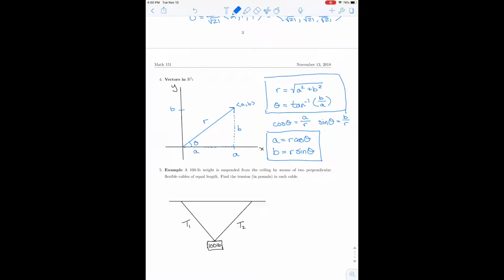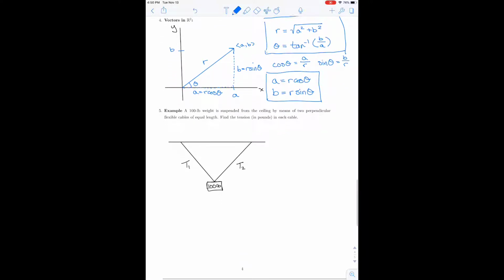So I will fill in the distances here, A, which is equal to r cosine theta, and B, which is r sine theta. Now we're going to put these ideas to good use by looking at an example from physics that involves vectors.